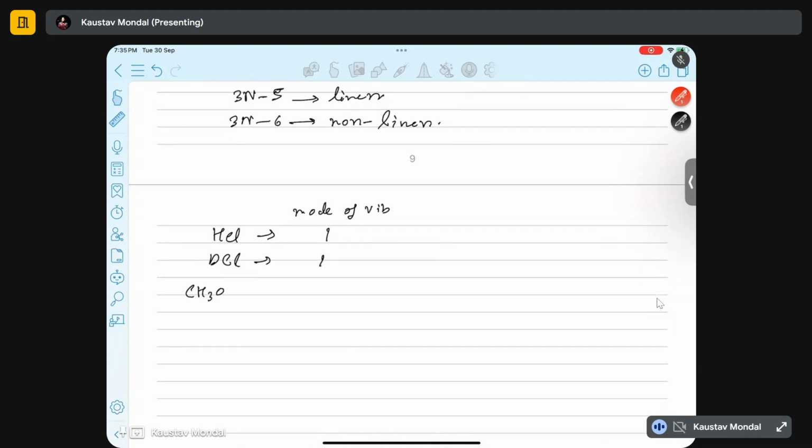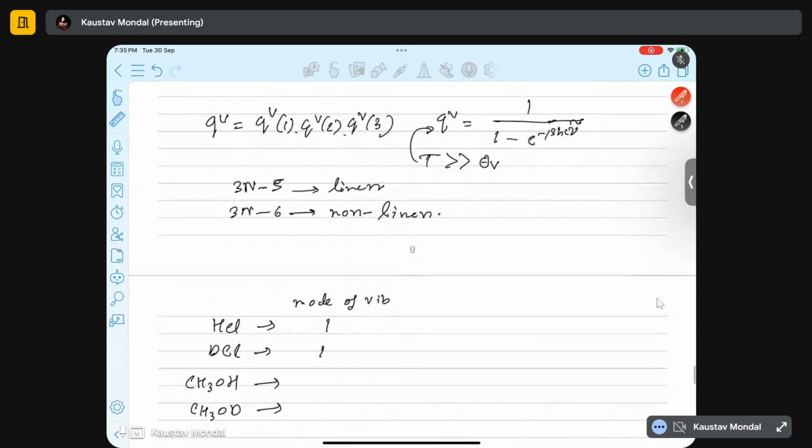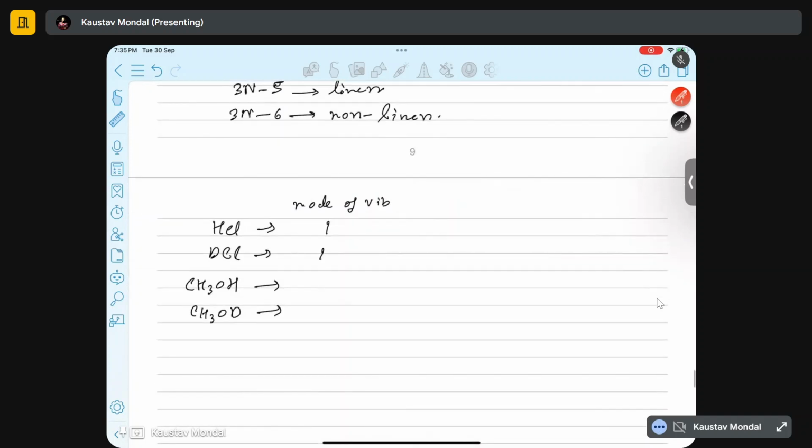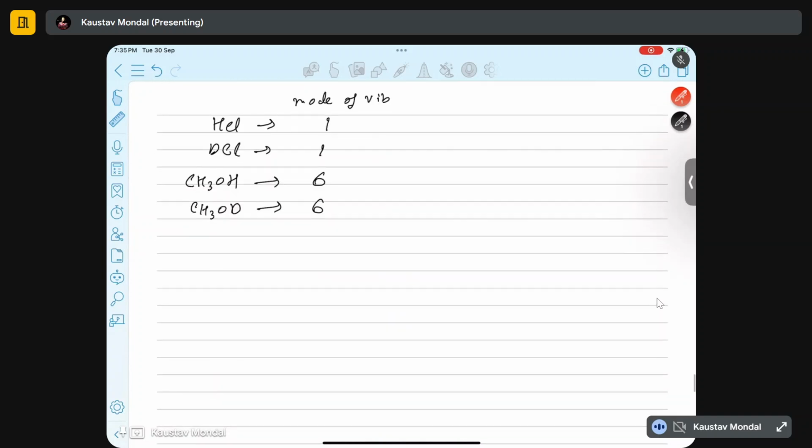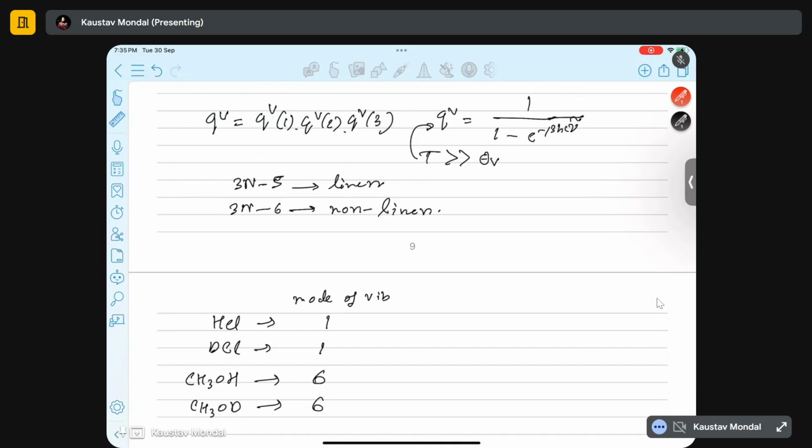And for CH3OH or CH3OD, since there are 6 atoms, the number of modes of vibration will be 6, right? That's why 6 frequencies are given for CH3OH and CH3OD, and 1 frequency is given for HCl and DCl.